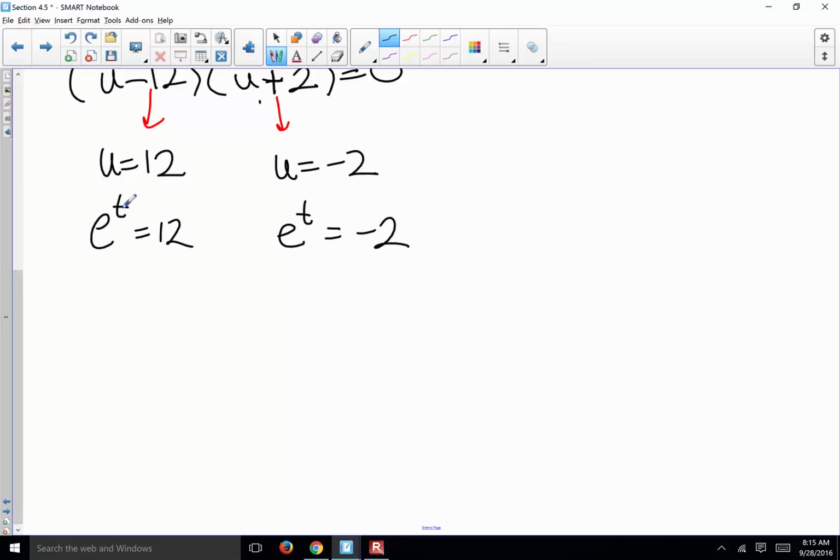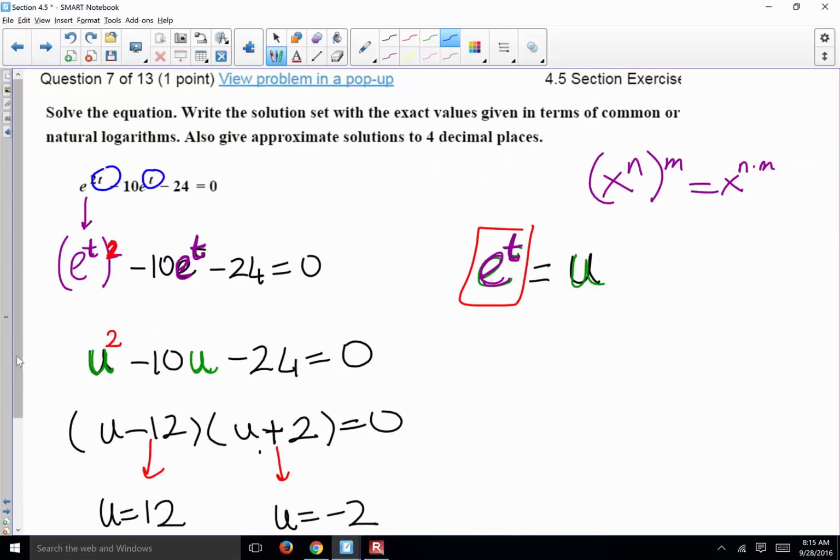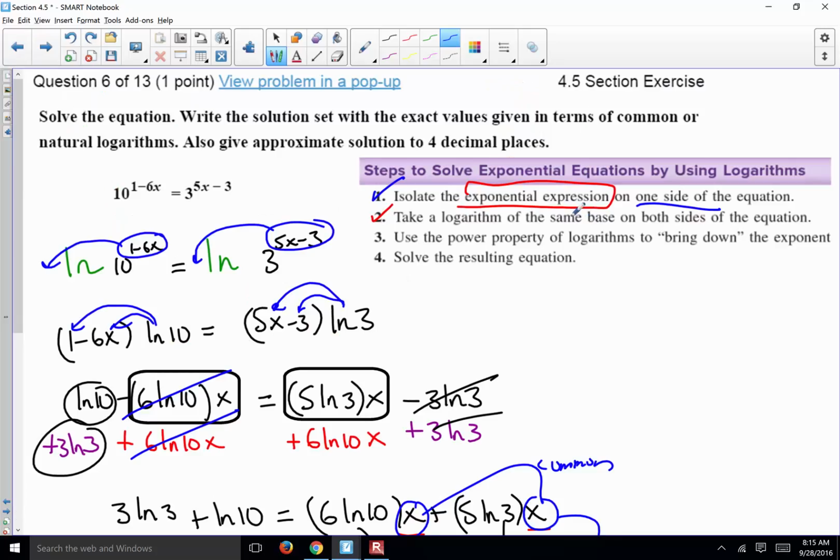And how do I get t isolated? It's on top of an exponent. It's above a base. How do I get t by itself? They are expecting t equals something. Now we are using this. We bring the exponential to one side of the equation. Yes, it's on one side alone. Then we take the log of the same base of both sides.